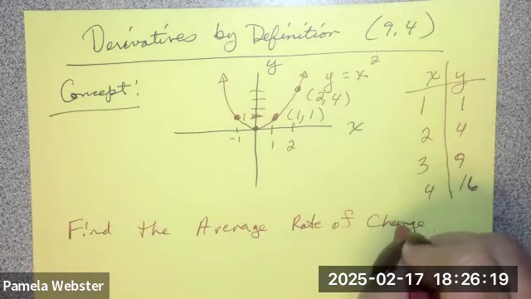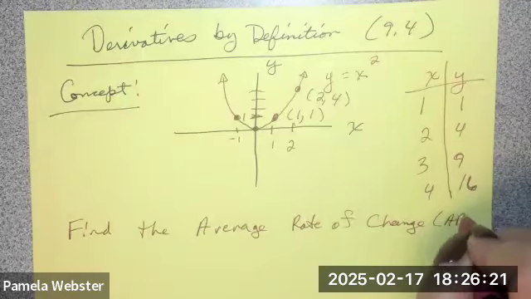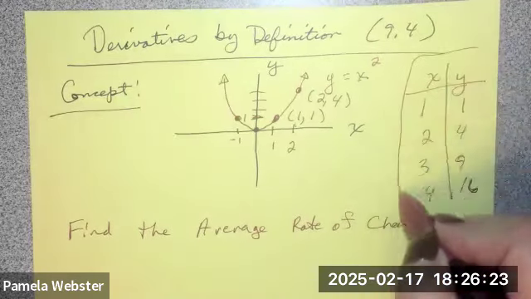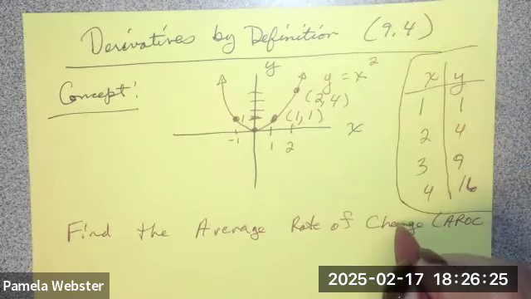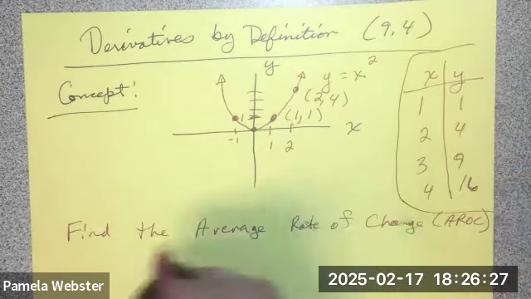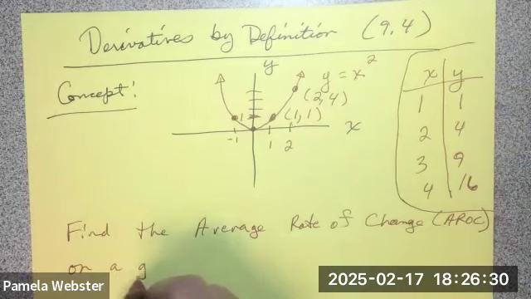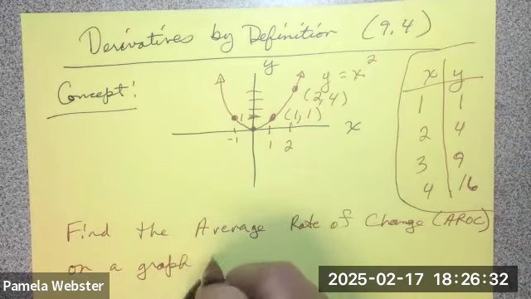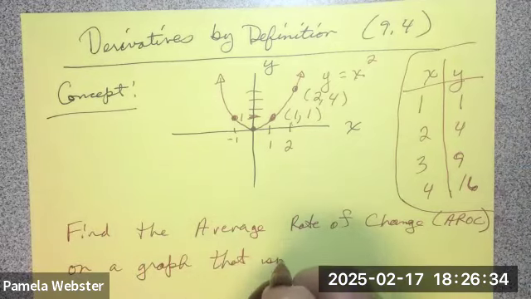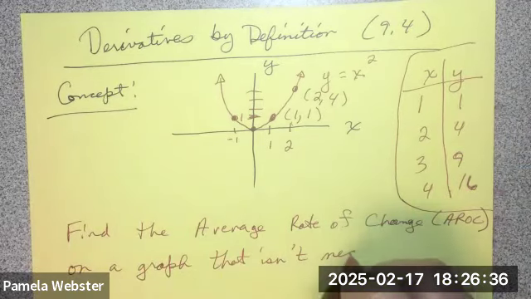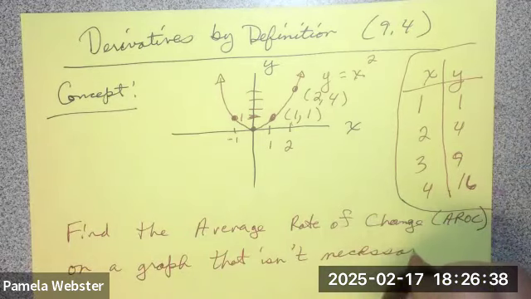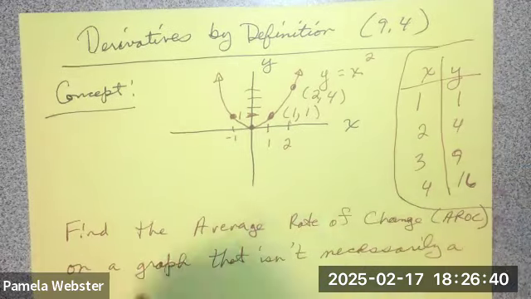And again, we're going to call that AROC. Okay. We want to find the average rate of change on a graph that isn't necessarily a straight line.